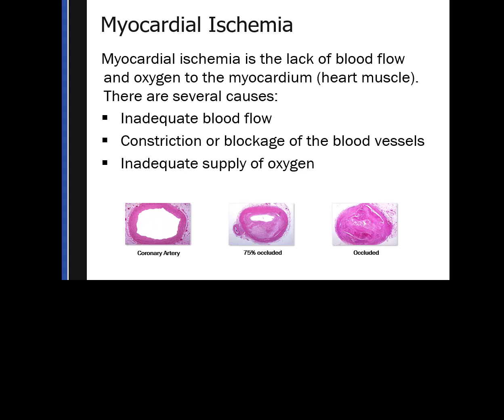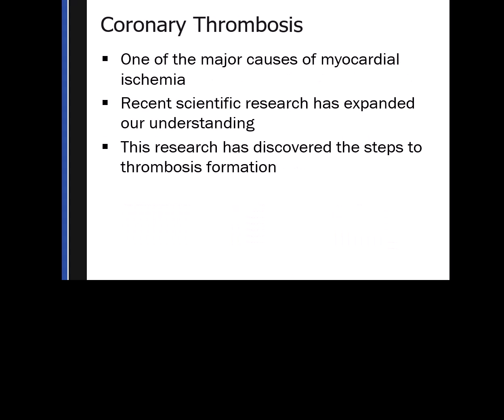Now, when we're looking at these patients, one of the things that we want to look at is some of the things that are leading into this. So we've kind of already talked about a coronary thrombosis. Now, what did I tell you a thrombus was just a second ago? It's a blood clot.